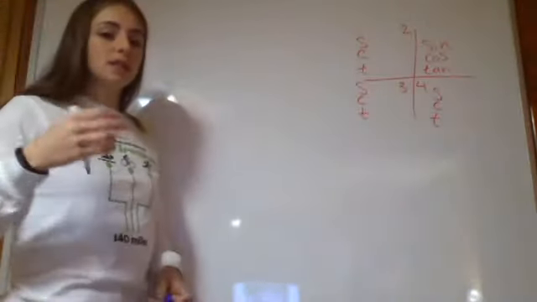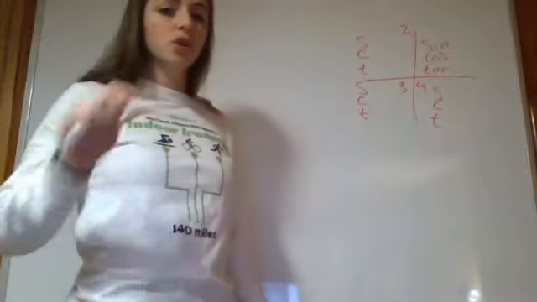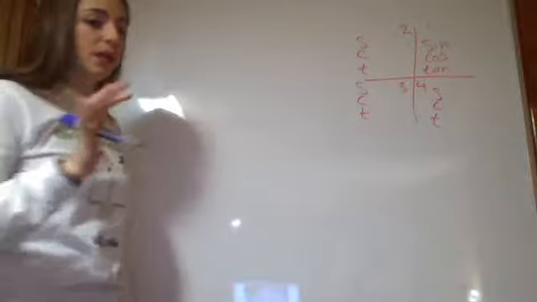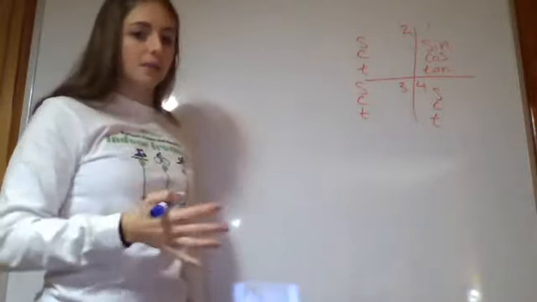There's a saying that goes along with this, and it's referring to which trig functions are positive in which quadrants. The saying is: all students take calculus. All is quadrant 1, so all 3 trig functions are positive.